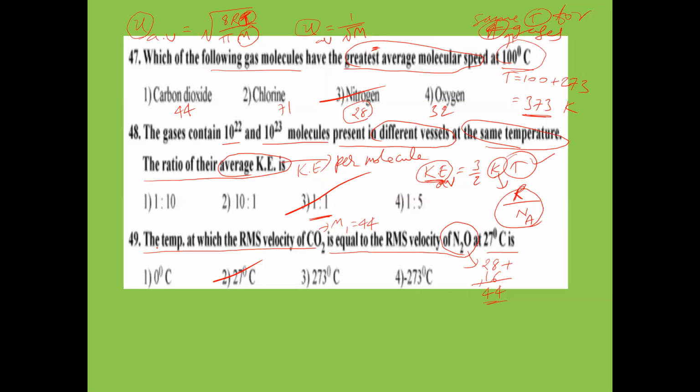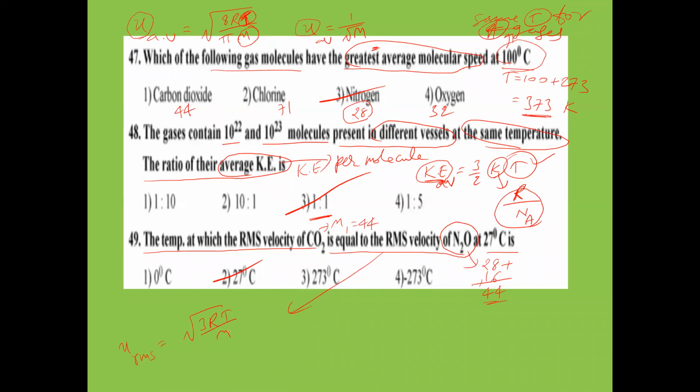What they're asking is the temperature at which the RMS velocity of CO2 with gram molecular mass 44 is equal to the RMS velocity of N2O with gram molecular mass 44 at the given temperature. Now, what is the formula of RMS velocity? RMS velocity is given by under root 3RT by M.